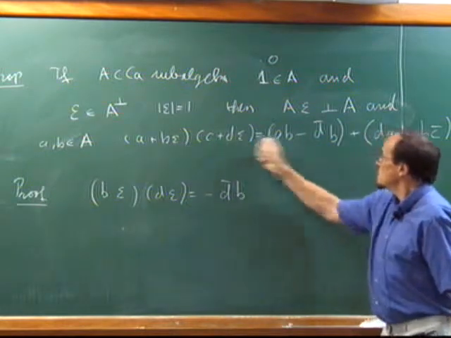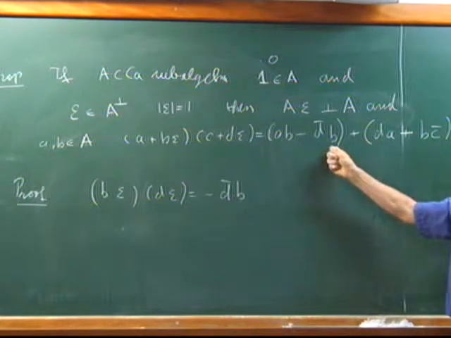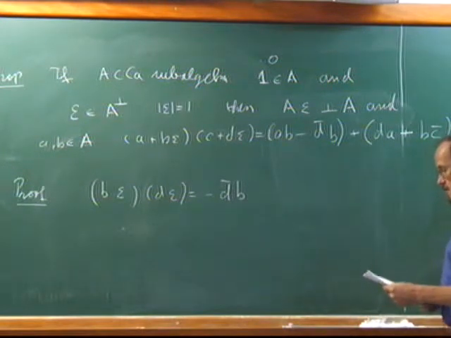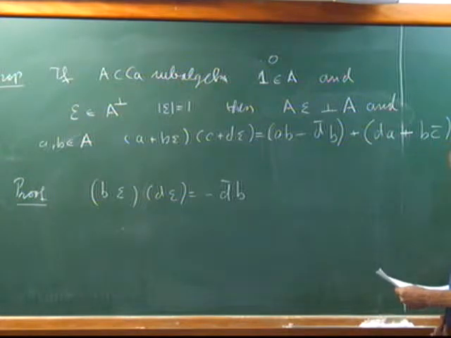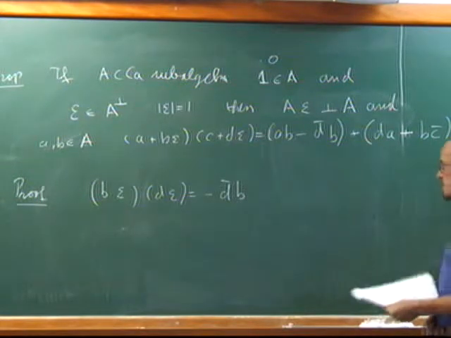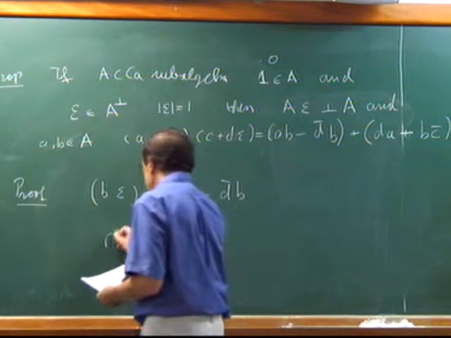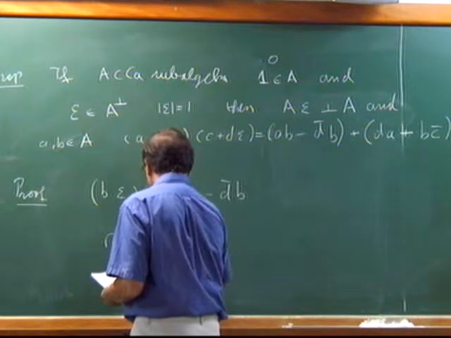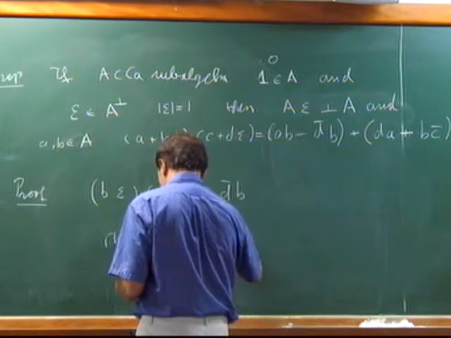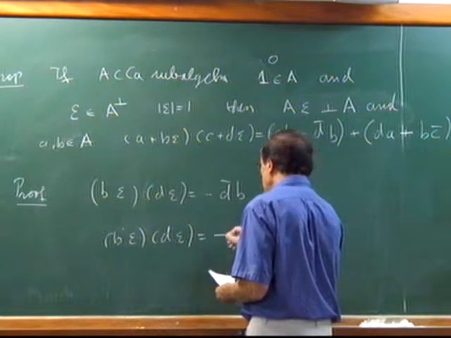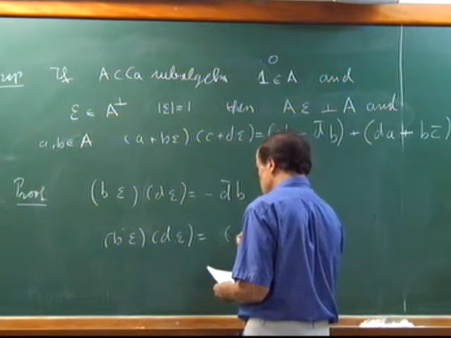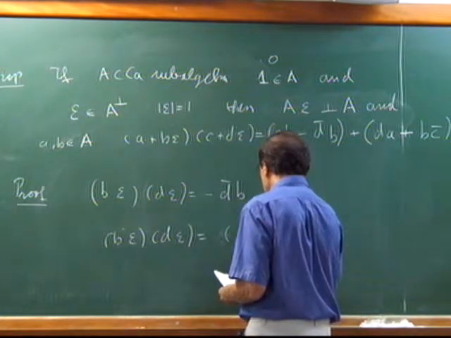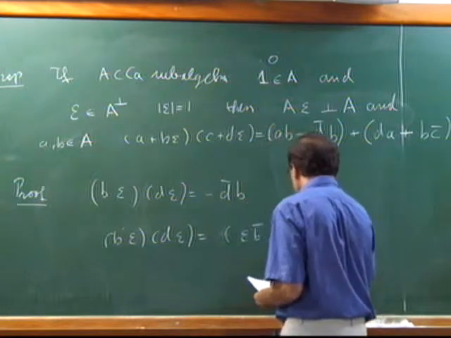This times this is supposed to go right here. That'll be one of the rules. How does that follow? Okay, let's see. First I claim, so let's start with the left-hand side, b epsilon times d epsilon. I claim it's equal to epsilon b bar times d epsilon.